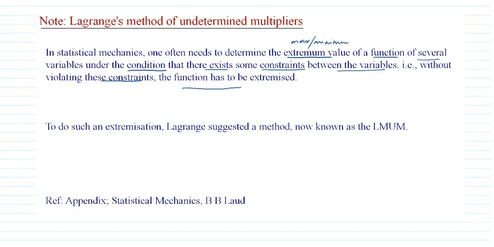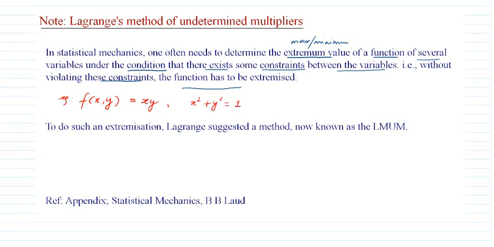Suppose we have a function of two variables x and y, say the product function f of xy is equal to xy. We want to extremize this function without violating the condition that x square plus y square should be equal to 1.